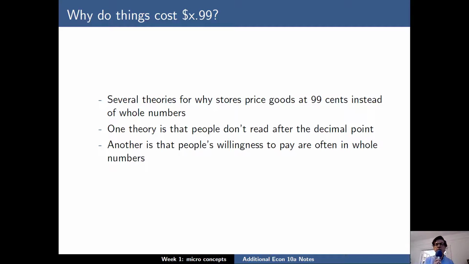And even though it's only a penny, you would get a benefit from that. And if you believe, like some people believe, that any benefit at all is a bigger deal than the difference between a penny benefit and a dollar's benefit, then this makes sense why firms would price at 99 cents.